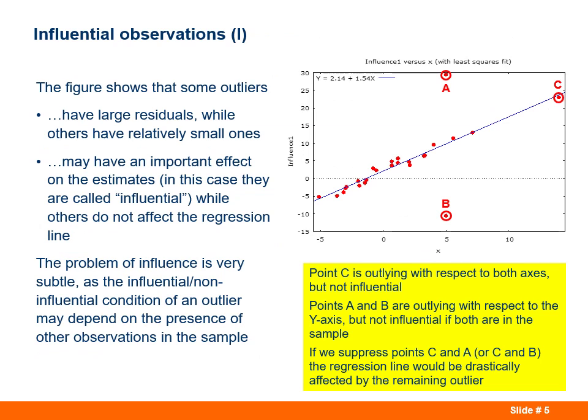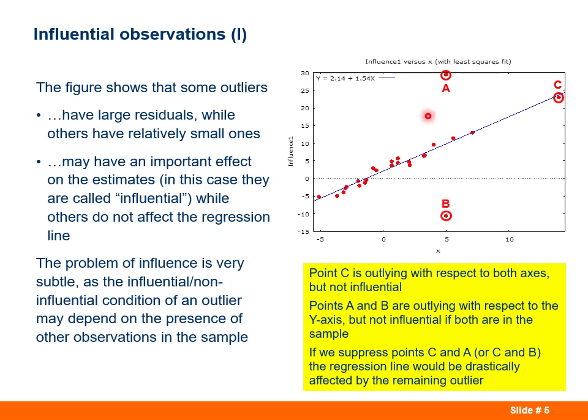An influential observation is an outlier that has a strong effect over the estimates for the parameters. In the figure, we see that some outliers have large residuals. This is the case of A and B, while others have relatively small ones, which is the case of C. Also, there are some data points, A and B, that have an important effect over the estimates, and in this case we call them influential.